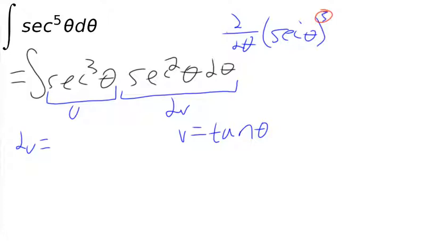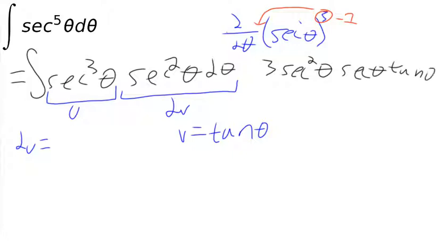You're going to take the 3 and bring it to the front, and then subtract 1. So we're going to have 3 secant now to the 2nd power theta. But then we have to use the chain rule and multiply by the derivative of the inside. So the derivative of secant theta is going to be secant theta tangent theta. So I'm going to just put this down right here, and I see secant squared theta times secant theta is going to be secant cubed theta.